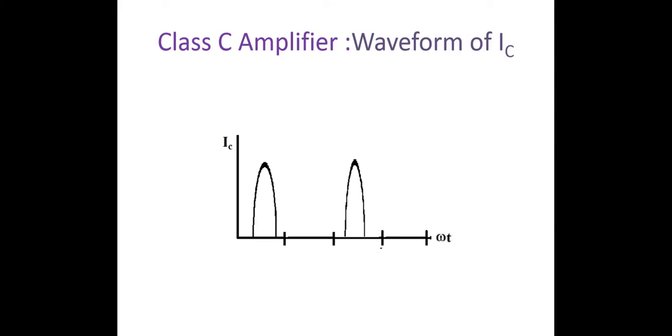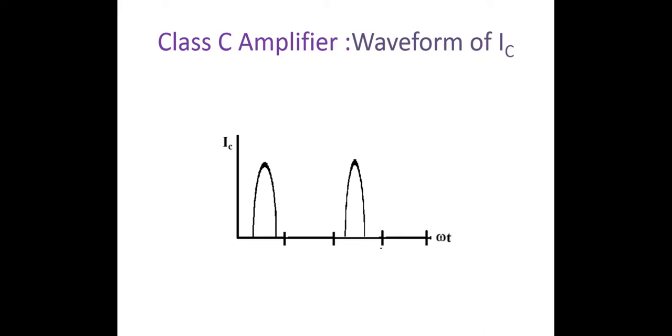So we can say that IC is a function of VI. So if we have a time invariant system, which is the case for our amplifier, then IC and VI will have the same frequency and the same time period.